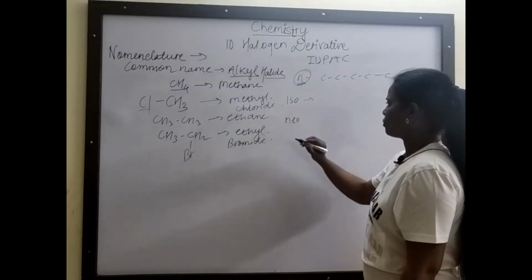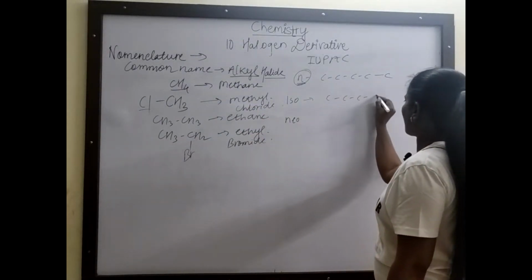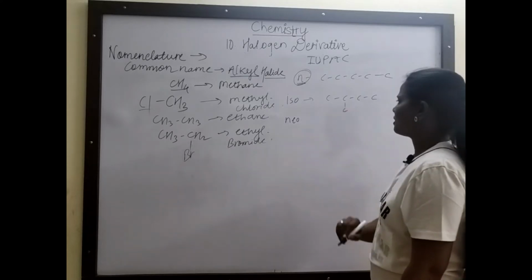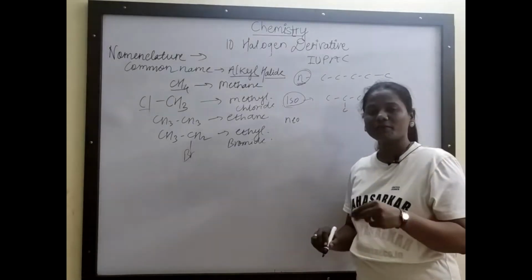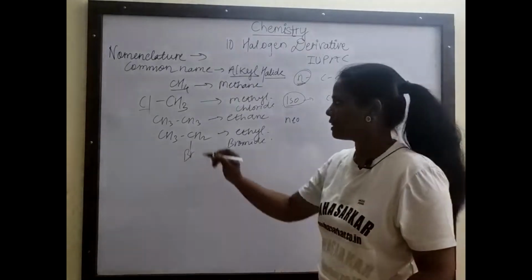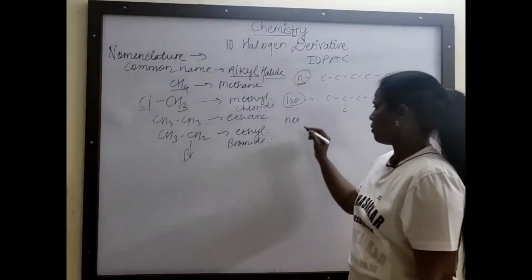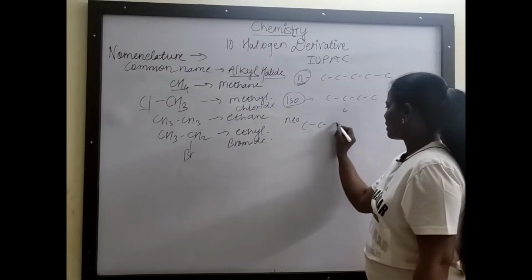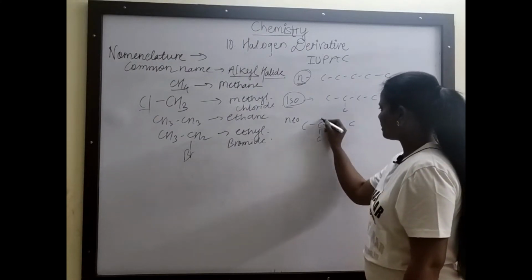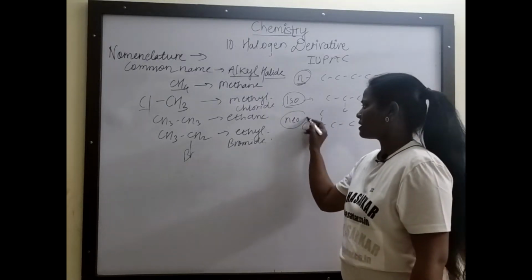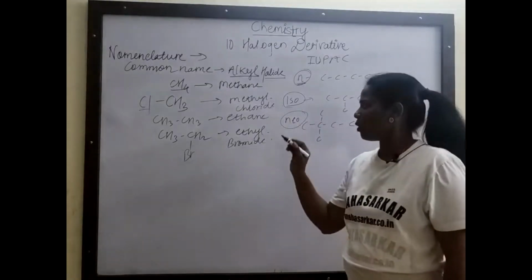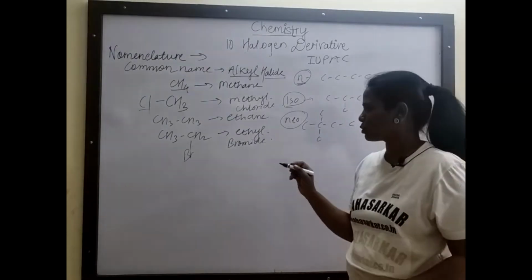Second one, iso: in the straight chain of carbon atoms, the second carbon atom contains one branching. To show that branching, we use the prefix iso. Now neo: in the straight chain, the second carbon atom contains 2 branchings of carbon atoms, that is known as neo-alkane, or the neo prefix is used to show that.